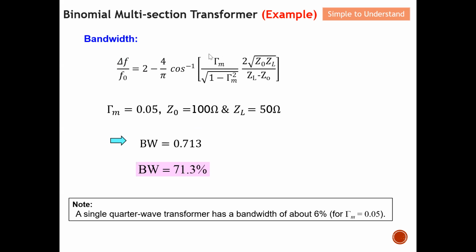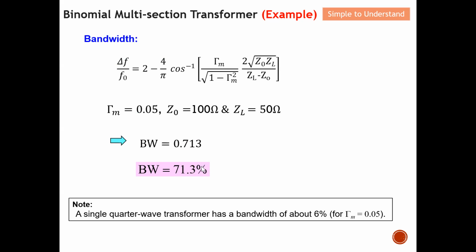Remember, don't use degrees. Change all these to radians before you plug in all the numbers and calculate. So from here you will be able to calculate that the bandwidth is equal to 0.713, which is 71.3%.